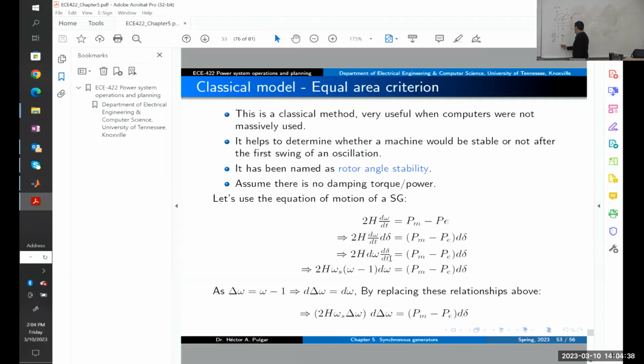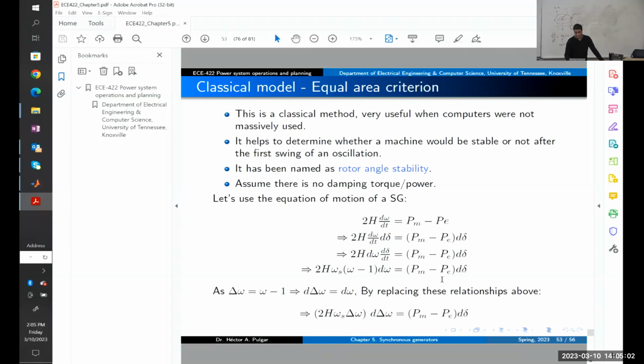So this is going to be 120 pi radians per second, multiplied by the omega, the variable in per unit, minus 1. So that's the derivative of the angle in time. So if we replace that expression here in this equation, we obtain this nice expression.